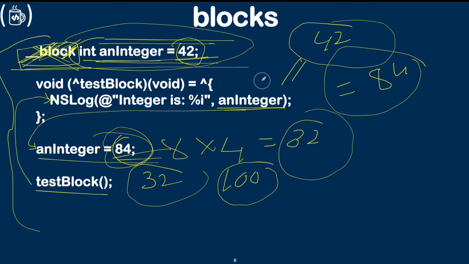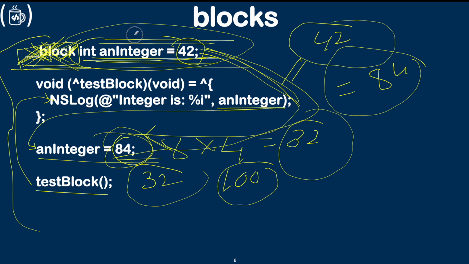It will not change to the latest value. So remember, if there is no block storage, the value will be constant, it will not change. If you want to change your variable or whatever your parameters, then you have to write it, and it will take the latest.